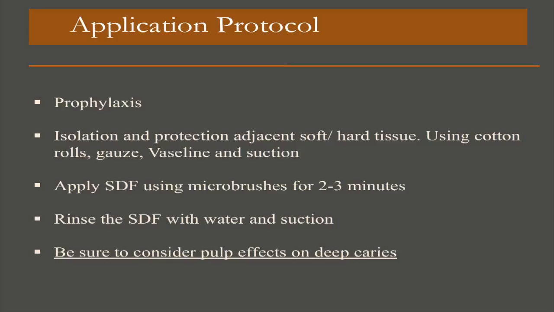Then apply SDF using microbrushes for 2 or 3 minutes. Then rinse the SDF with water and suction. Be sure to consider pulp effects on deep caries. It is not recommended to use SDF on deep carious lesions to the pulp.